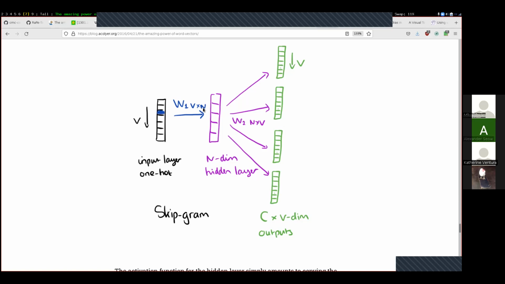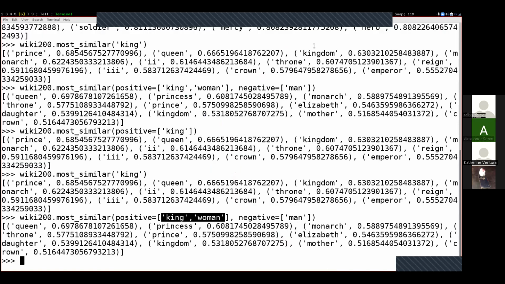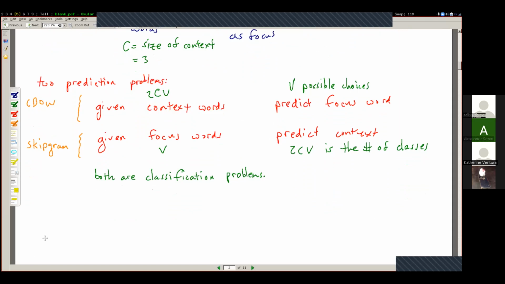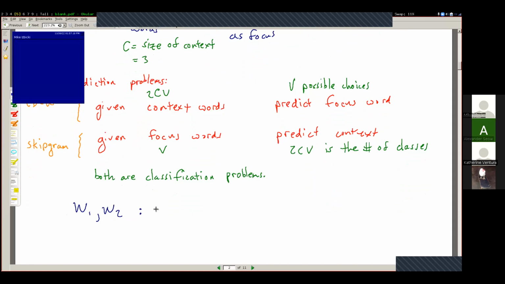This N right here is what I was calling D before, what we've always called D in our class. It's the dimension of this hidden layer. And it just so happens, nobody has a really great explanation about why, that W1 and W2, whose shapes are V by D, tend to be great word vector representations.